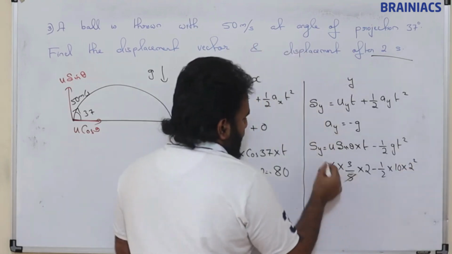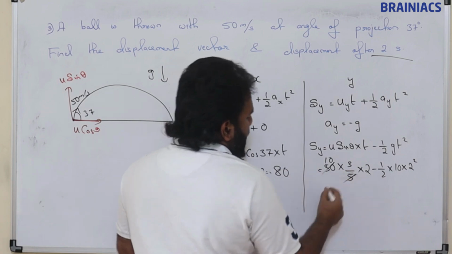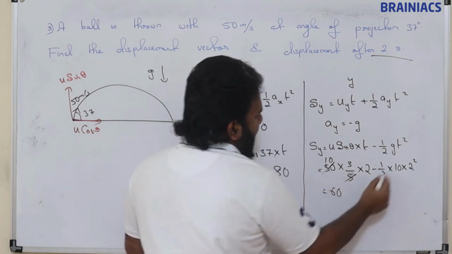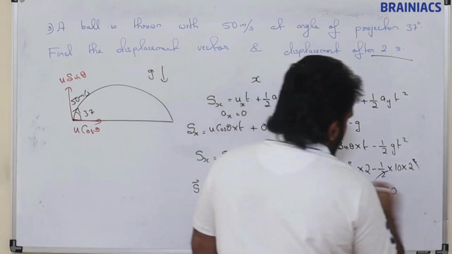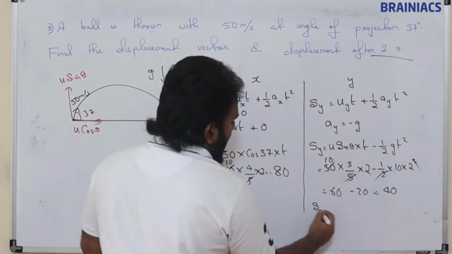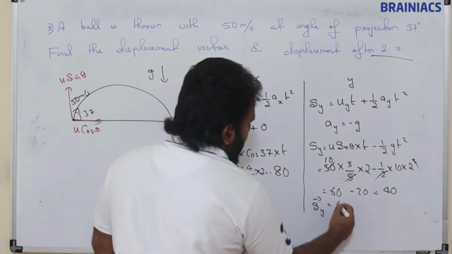So 60, this can be cancelled off, minus 20, this is going to be 40. If you write it in the form of a vector, sy is 40j.